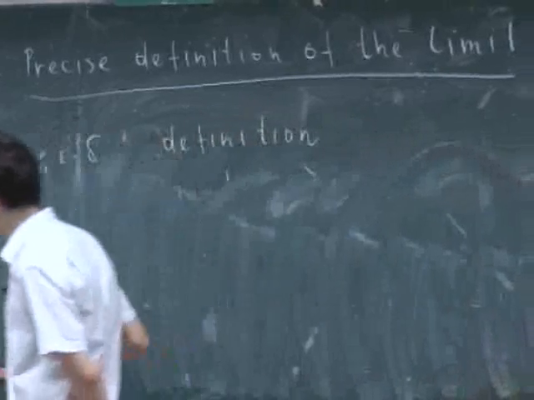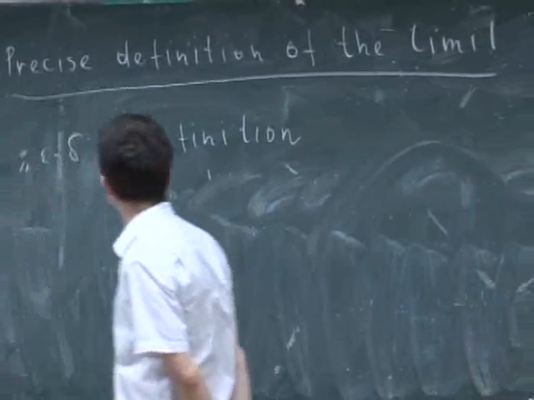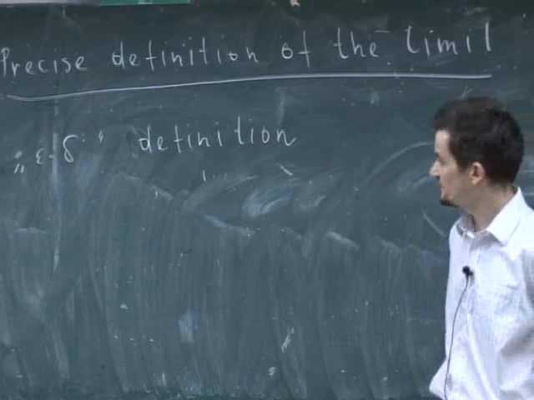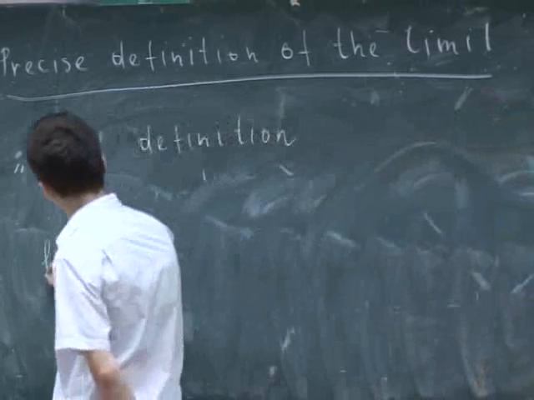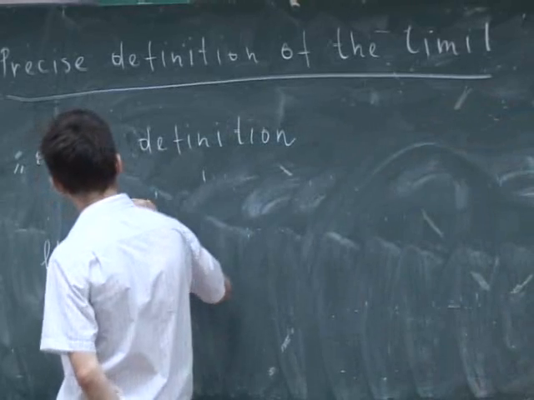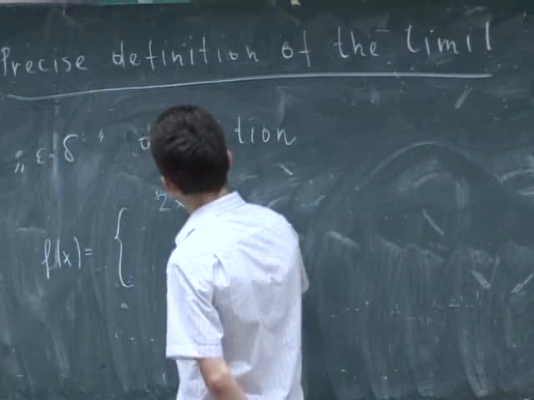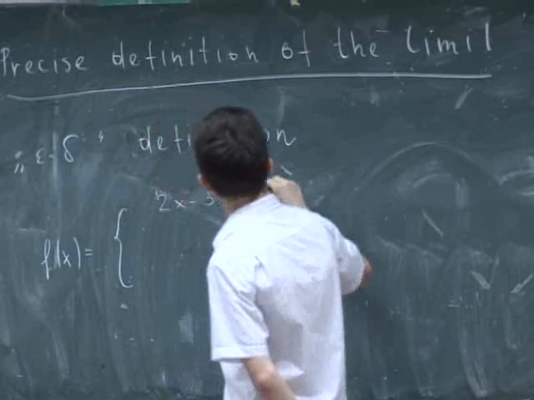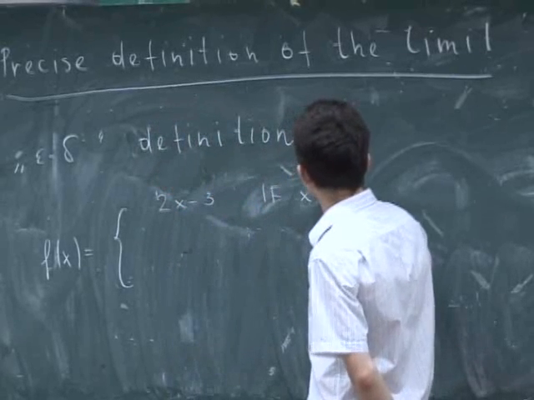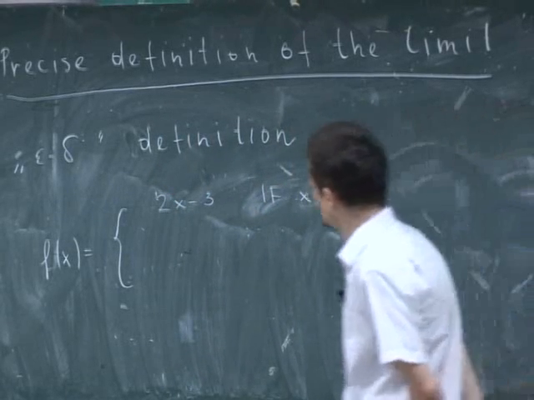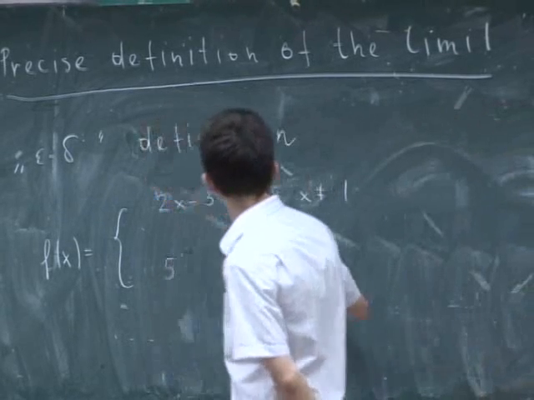Okay, so maybe in this case, let's not start with the definition, but let's try to motivate it by looking at an example. So let's look at the function f of x equal to 2x minus 3 if x is not equal to, say, 1, and 5 if x is equal to 1.